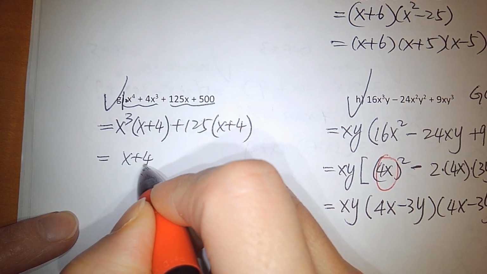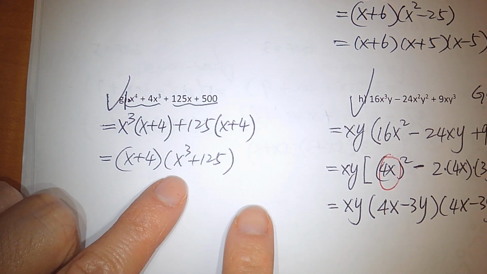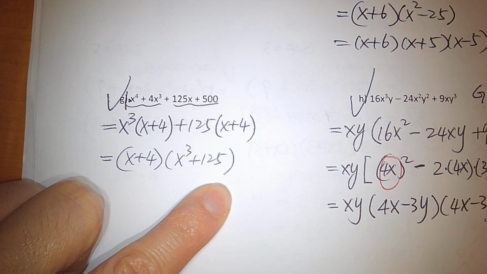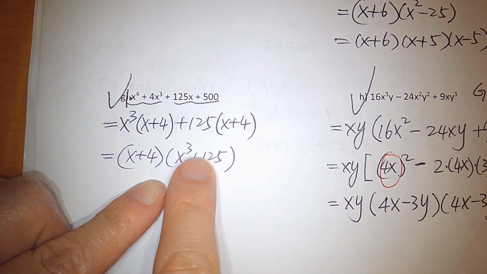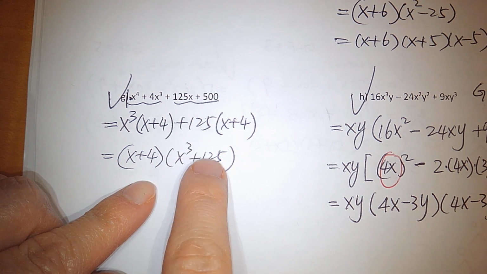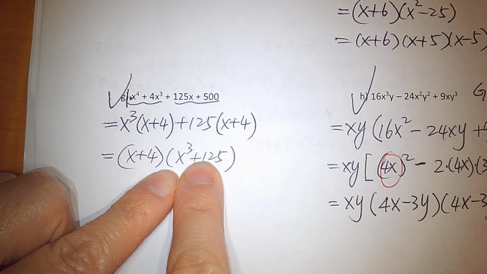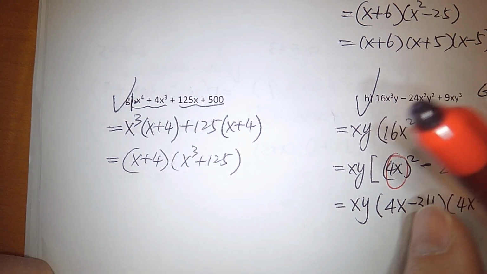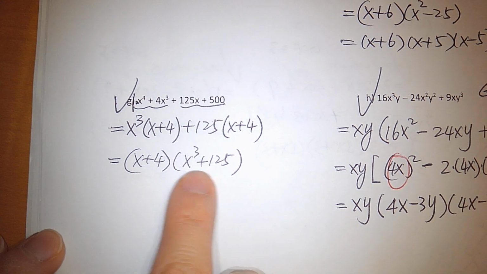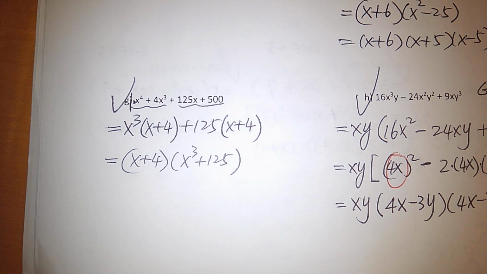X plus 4 times parentheses x cubed plus 125. Yes, you're right. Actually, 125 can be written as 5 cubed. So this is x cubed plus 5 cubed. Because we didn't learn the sum of cubes, we can stop here. Technically, we could keep on factoring this binomial, but we'll stop here.